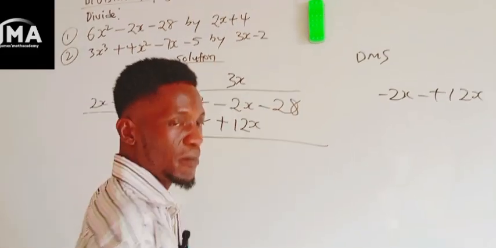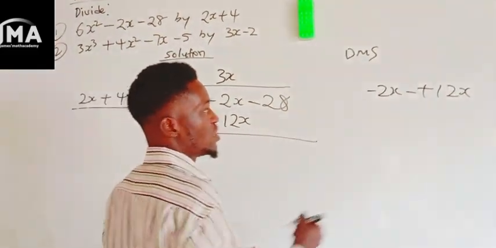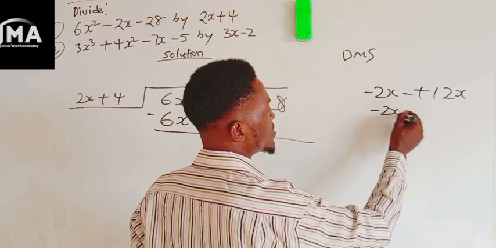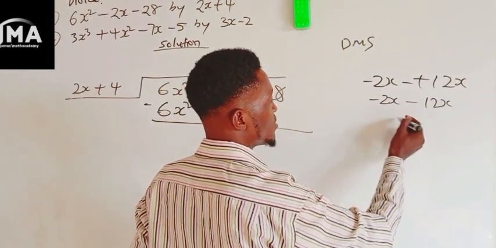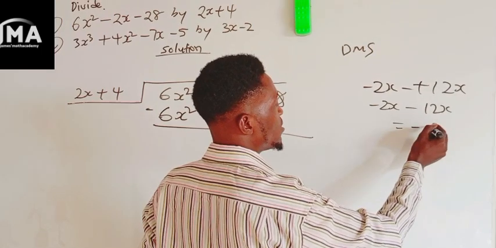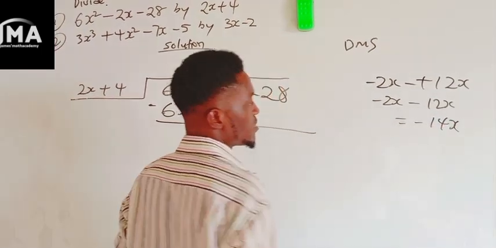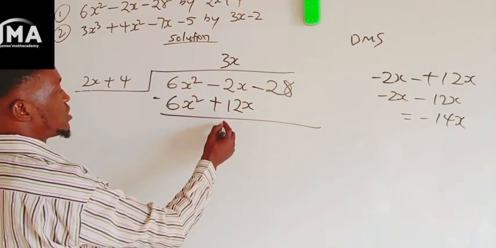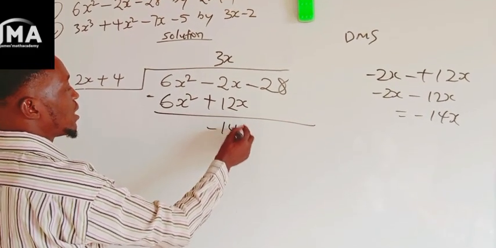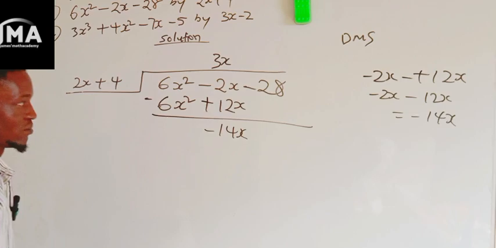Definitely you know that minus plus is minus, isn't it? So you're going to have minus 2x minus 12x, which is equal to minus 14x, isn't it? So here is minus 14x, right?